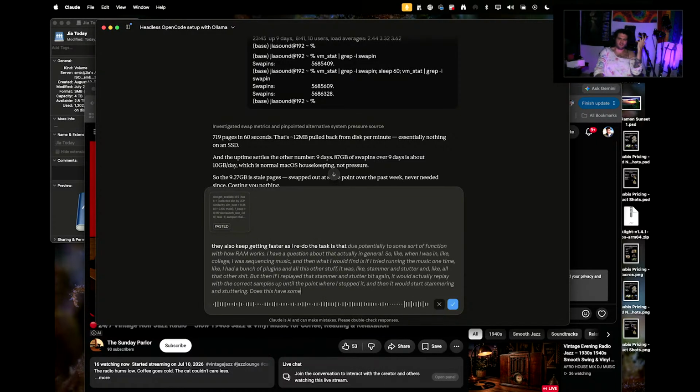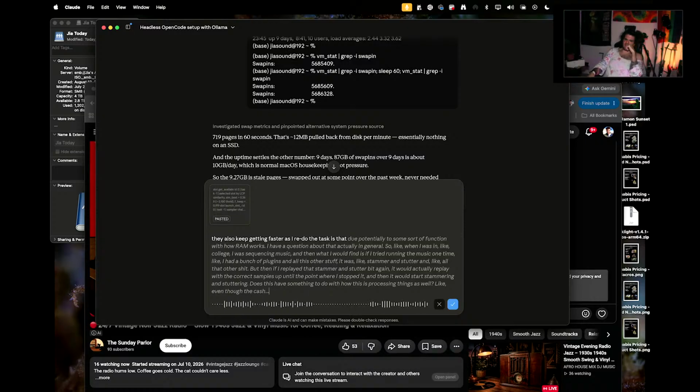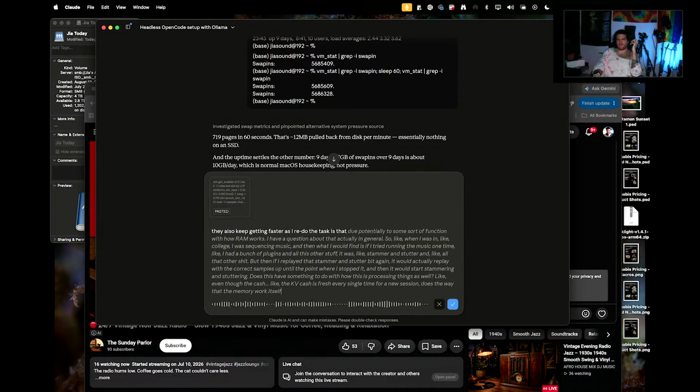Does this have something to do with how this is processing things as well? Even though the KV cache is fresh every single time for a new session, does the way the memory works potentially store some sort of its own RAM cache?